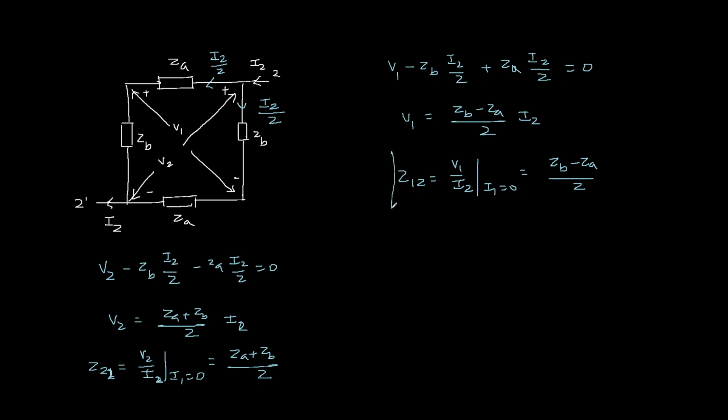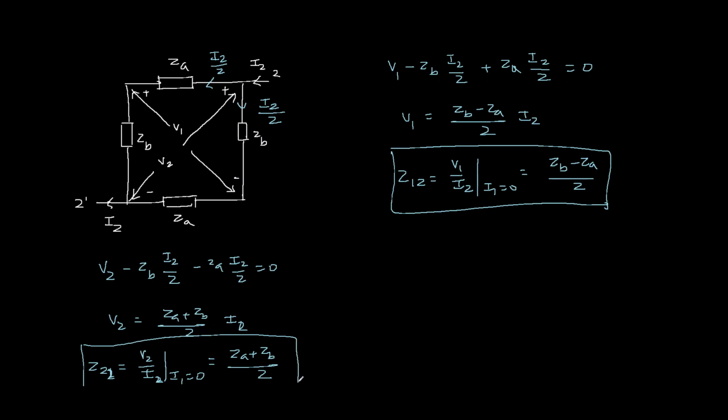So that's how we find out the Z parameters for the lattice network. Let us write all four Z parameters for this lattice network.